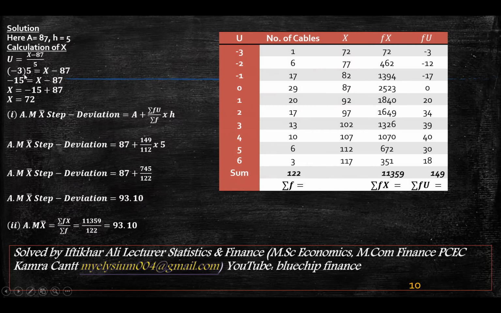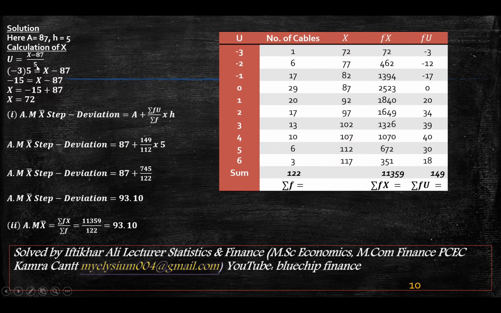So first u is minus 3, and minus 3 equals x minus 87 divided by 5. When this 5 goes to the other side, it will be multiplied with minus 3. So minus 15 equals x minus 87. Further, this minus 87 will go to the other side of the equation and convert to plus 87. So first x is 72.